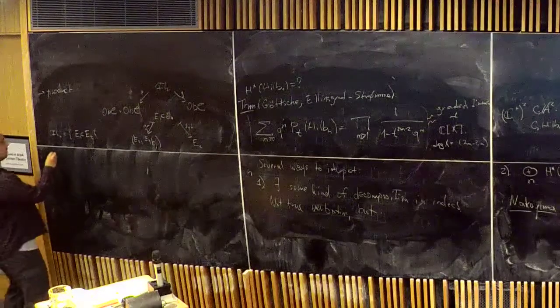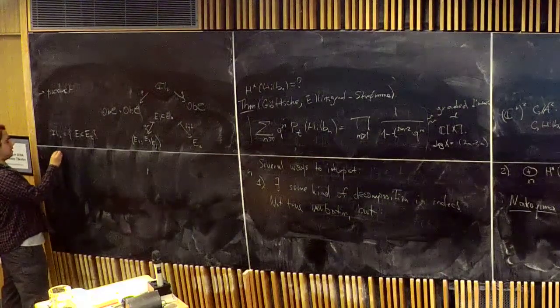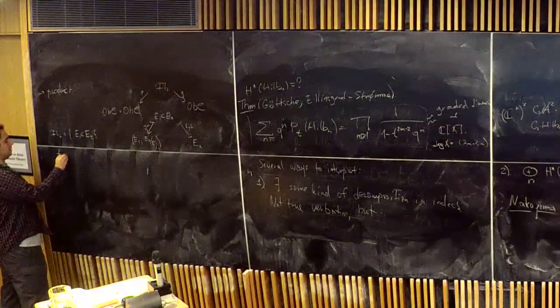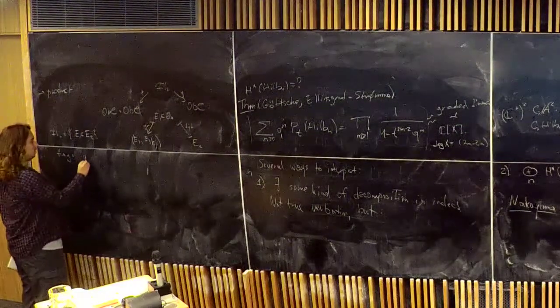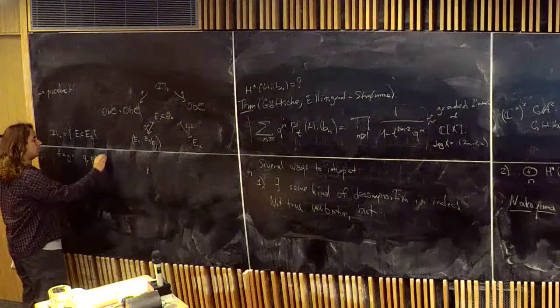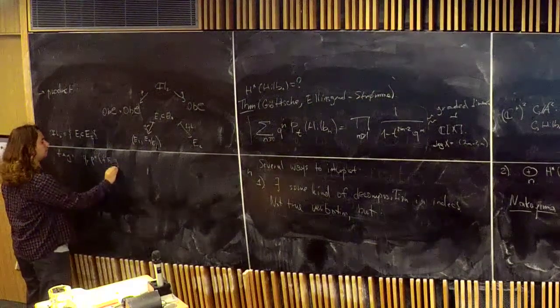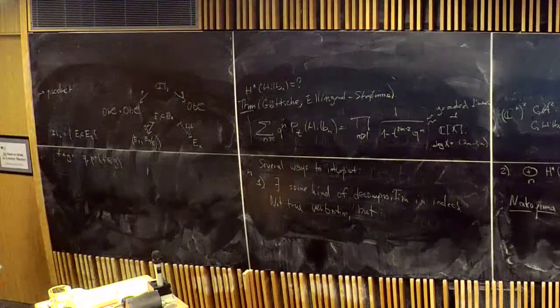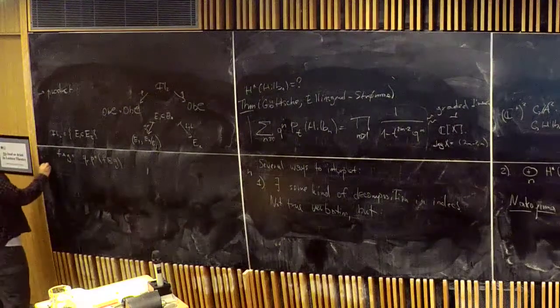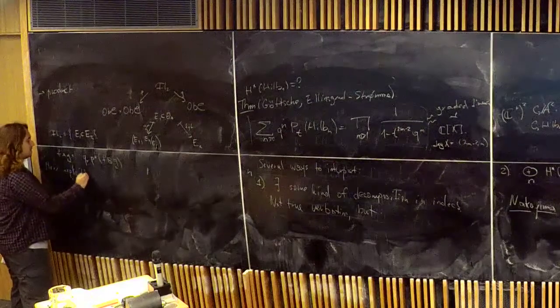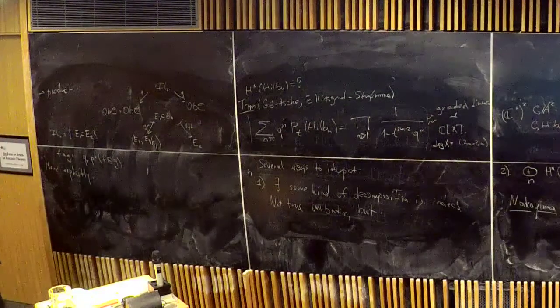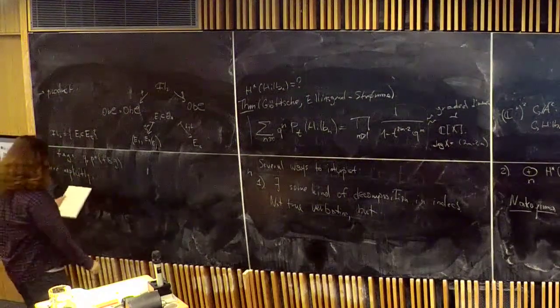So the product is given by f g is going to be just, or in a more specific fashion, which is going to be more useful for examples.